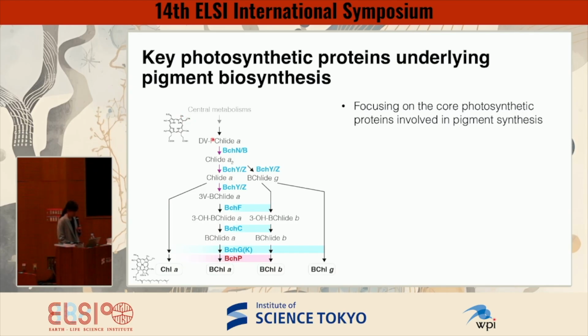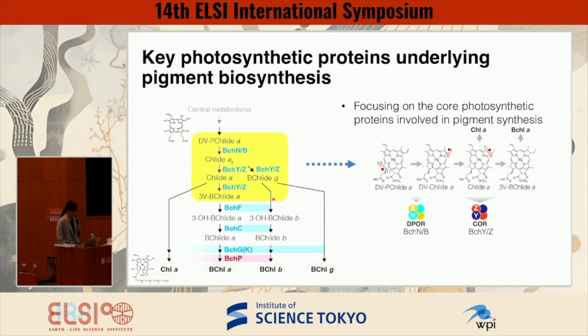In this context, we have focused on the core proteins BCH and BYZ. This complex is involved in the synthesis of precursors of the photosynthetic pigments chlorophyll A and bacterial chlorophyll A, and is responsible for reduction of tetrapyrrole at specific sites, shown with red circles here, respectively.